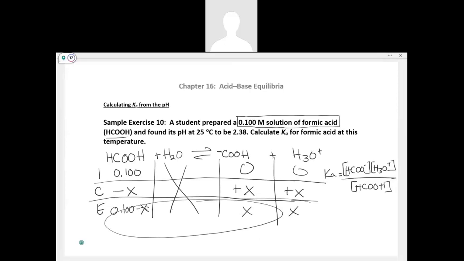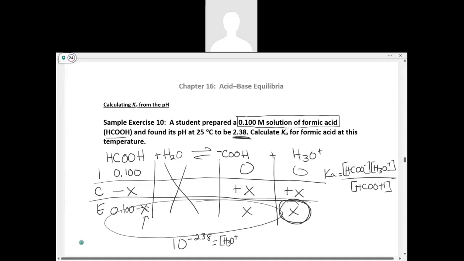But before we do that, we can actually solve for x here because we're given the pH. So we know what x is, what this hydronium ion concentration is. So let's do that. 10 to the negative 2.38 will give us a hydronium ion concentration, our x value, equal to 0.0042. So that's our x.